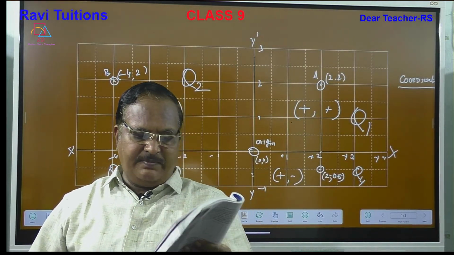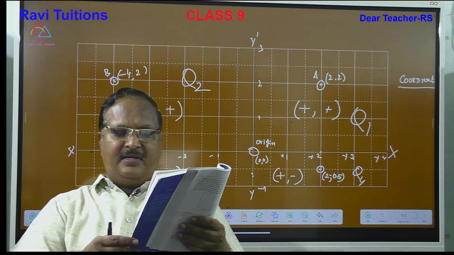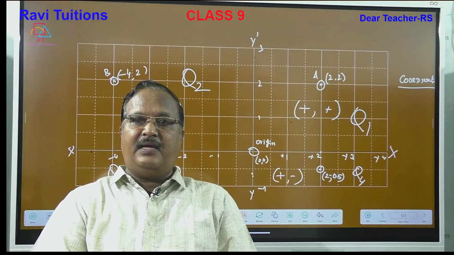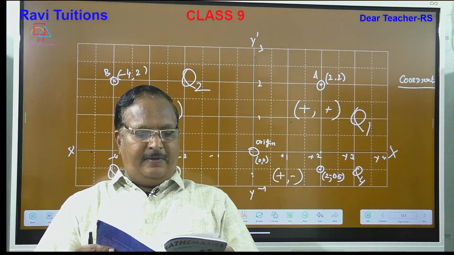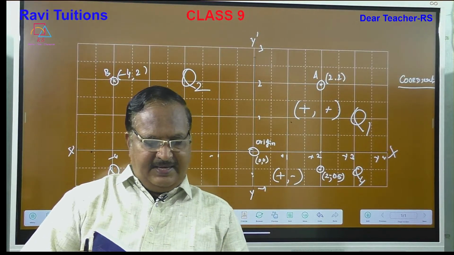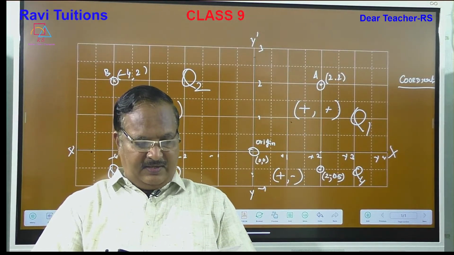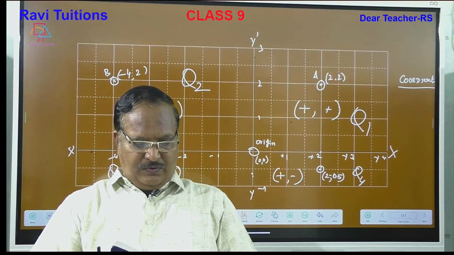How will you describe the position of a table lamp on your study table to another person? Yesterday, how did we locate P in my previous lesson? In the same way. So there is nothing to do in that. You have to understand the concept and write in your own words.